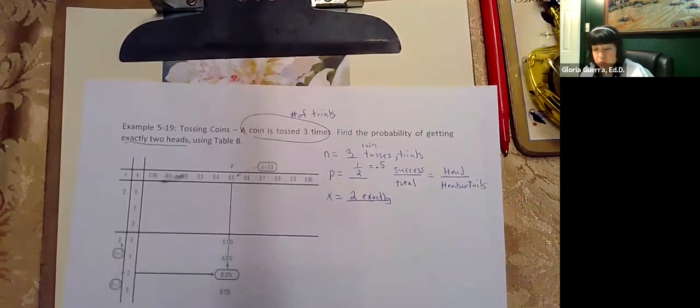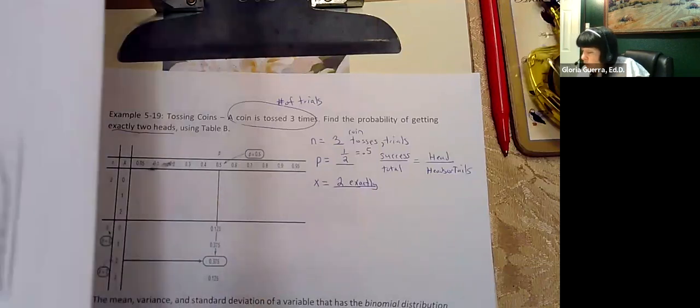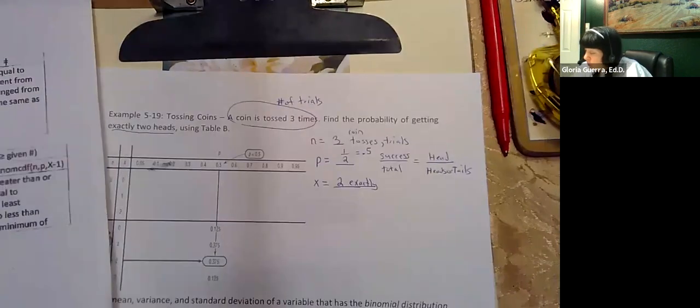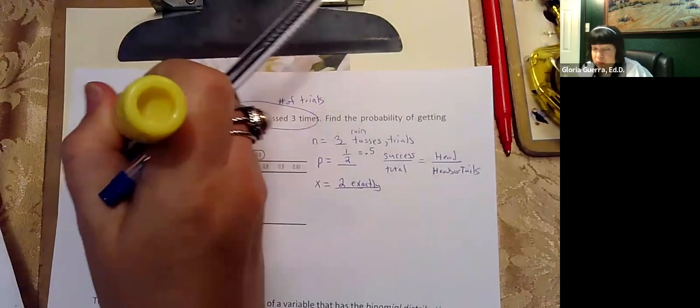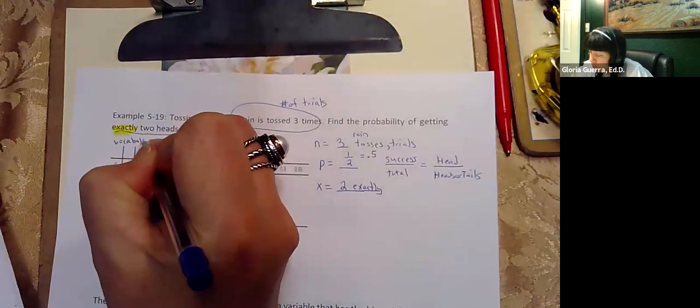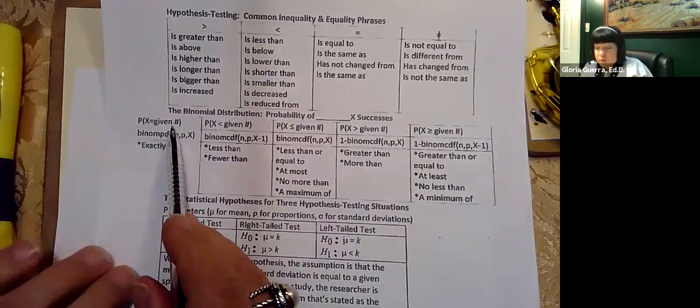Okay, so first I'm going to do this on the calculator, and then I'm going to show you the table, because I think in Connect Math there's a program where they want you to use the table, but I'm going to do it on the calculator first. The keyword, I'm going to highlight the vocabulary, which is exactly. You see right here, exactly. So x equals a given number, which is 2.